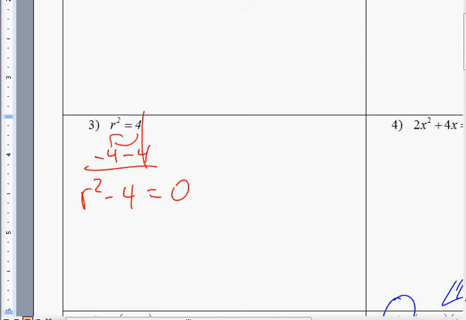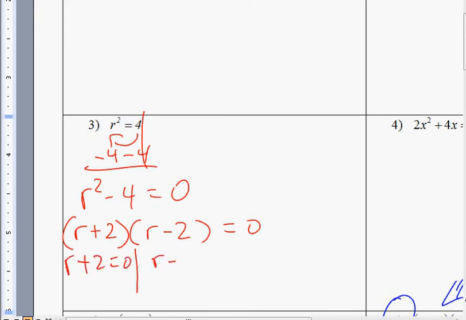The factors of r squared minus 4, the difference of two perfect squares, are r plus 2 and r minus 2, right? You can watch my other videos to find out how to factor those. Therefore the answer is r equals negative 2 and r equals positive 2.